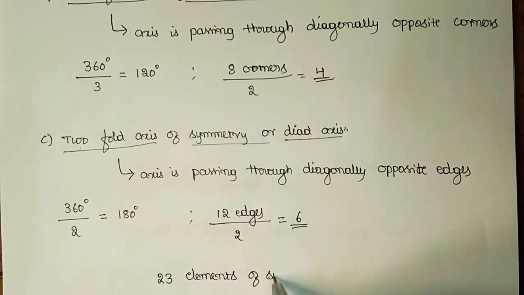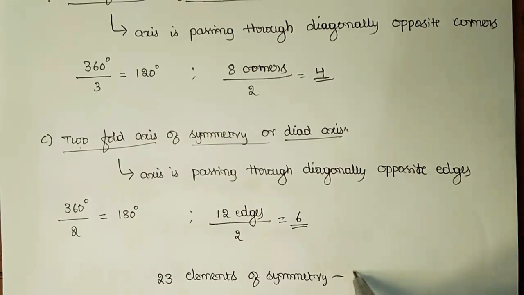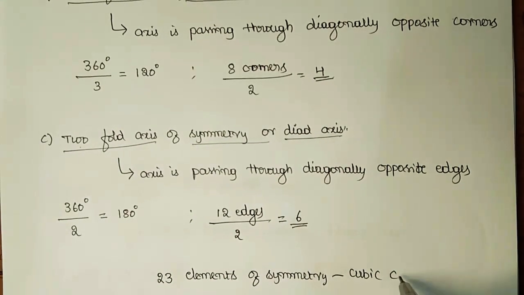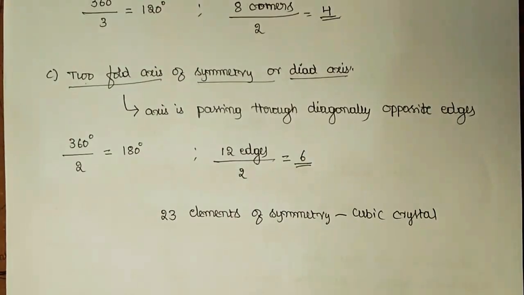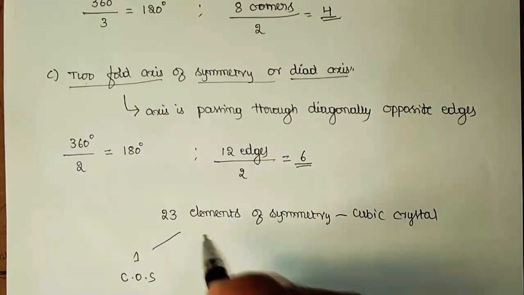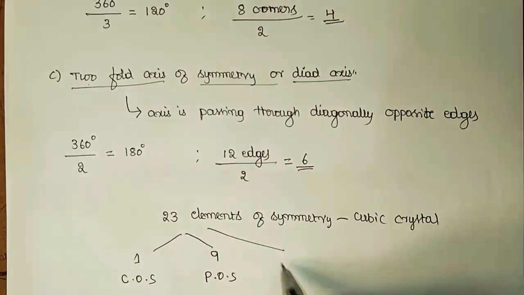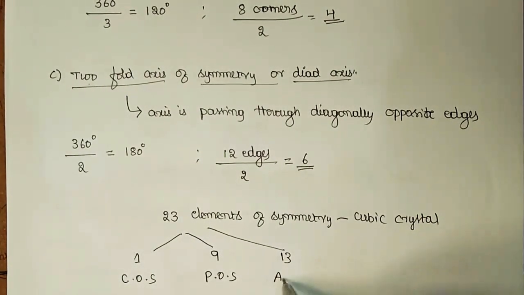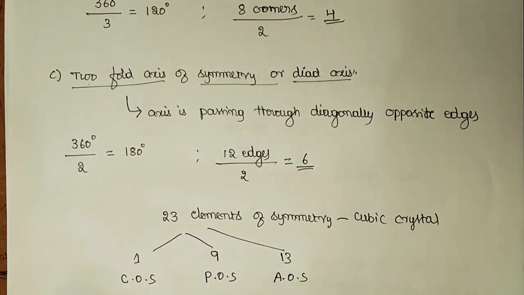There are a total of 23 elements of symmetry in the cubic crystal type. These 23 elements cover 1 center of symmetry, 9 planes of symmetry, and 13 axes of symmetry.